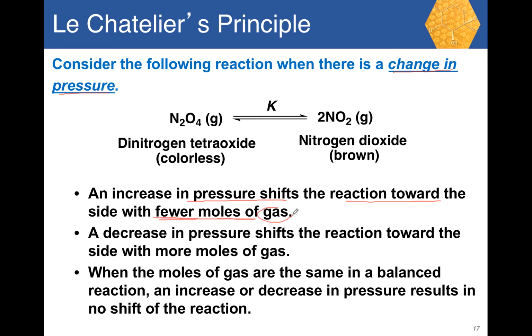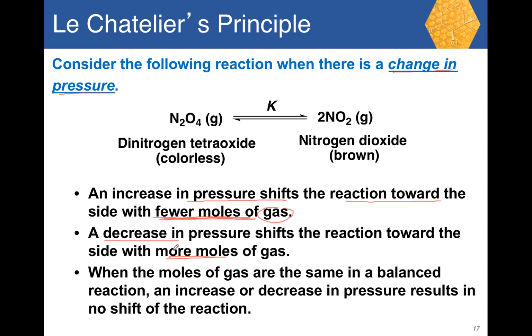Notice this is all taking place in the gaseous phase. The fewer moles. Increase in pressure tends to squeeze the molecules together to produce fewer molecules. A decrease in pressure drives the reaction to produce more moles.